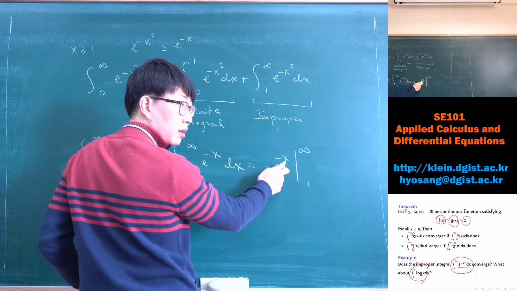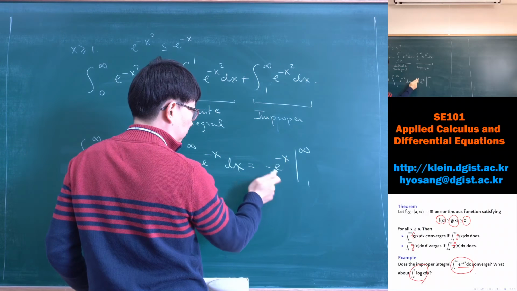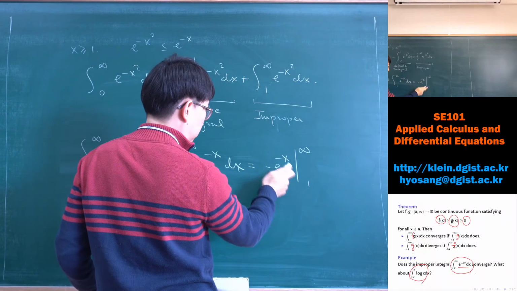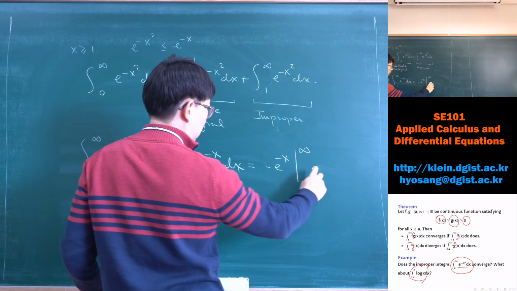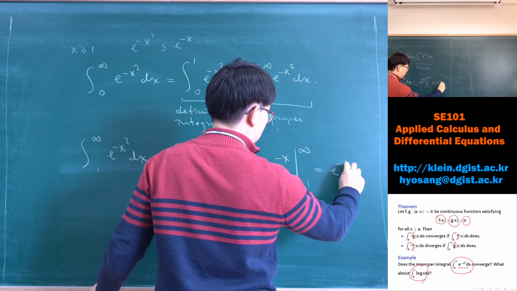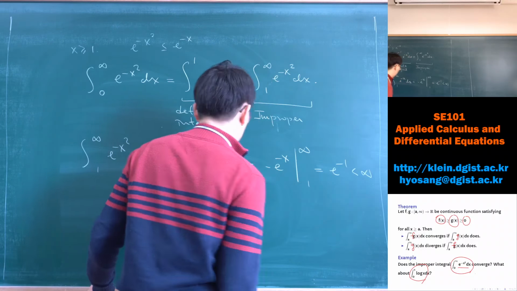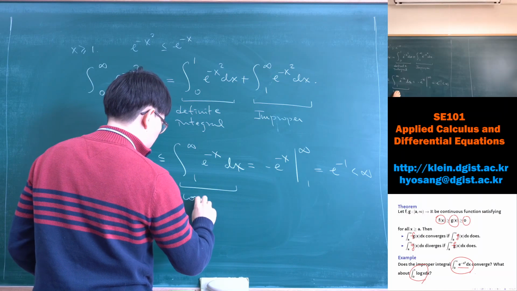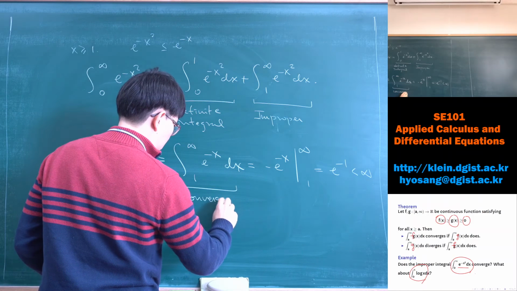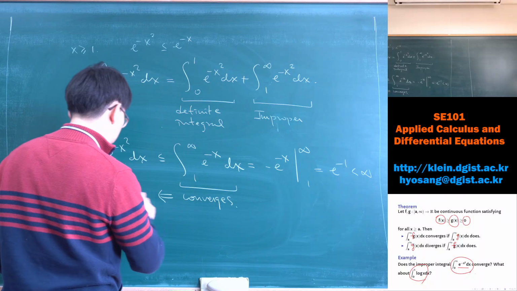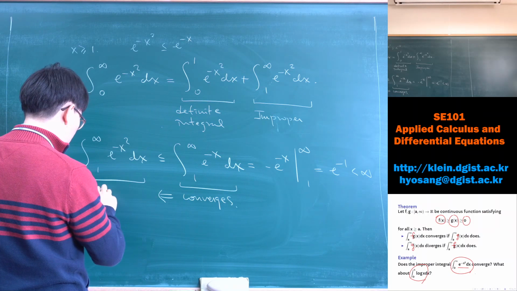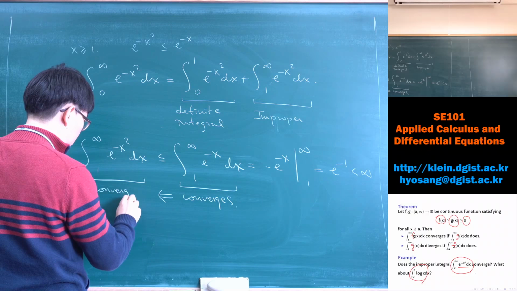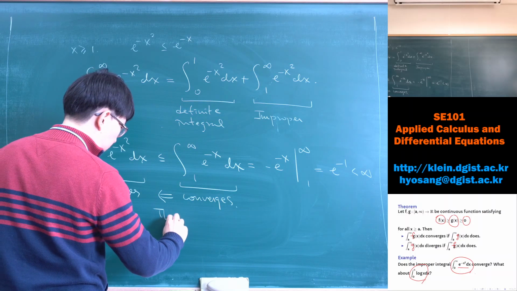When you plug in infinity here, you get 0. And when you plug in 1 here, you get e to the negative 1. So this converges, which implies that this part also converges by the theorem.